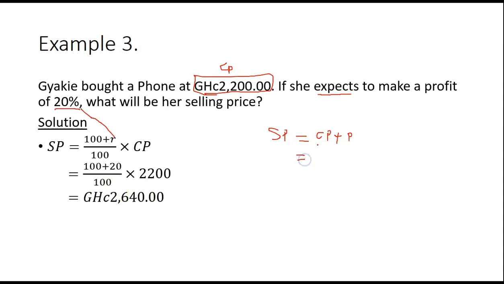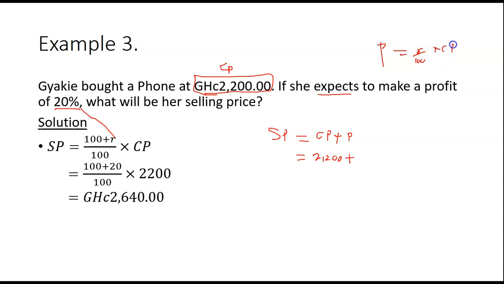To use this formula, we say selling price is equal to cost price plus profit, isn't it? Now, what's our cost price? Our cost price is 2,200, isn't it? Plus, do you remember I gave you a formula that if you want to find profit, profit is equal to the rate of profit, which is R over 100, times cost price?